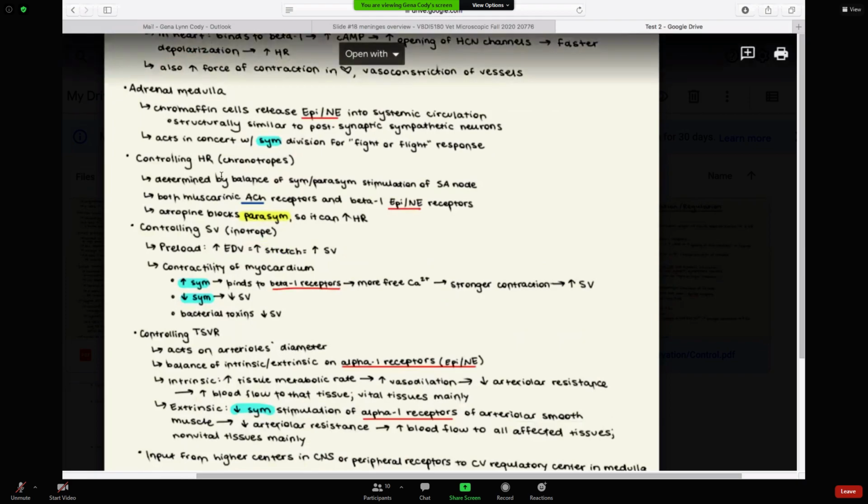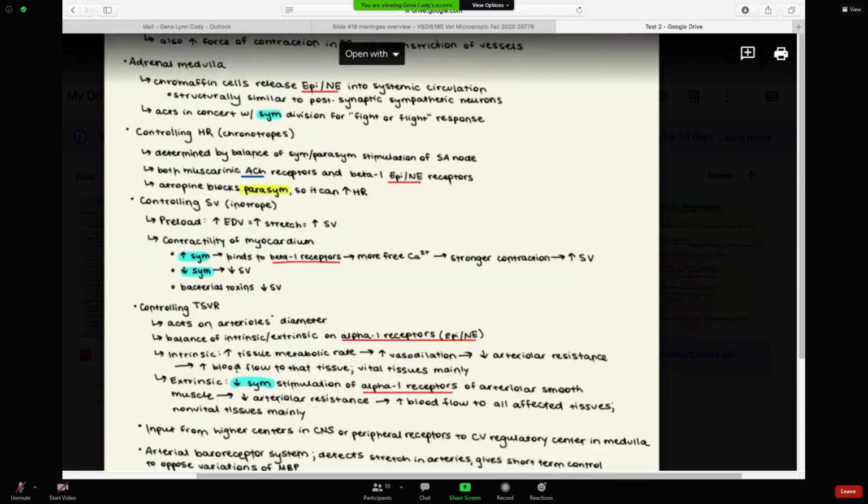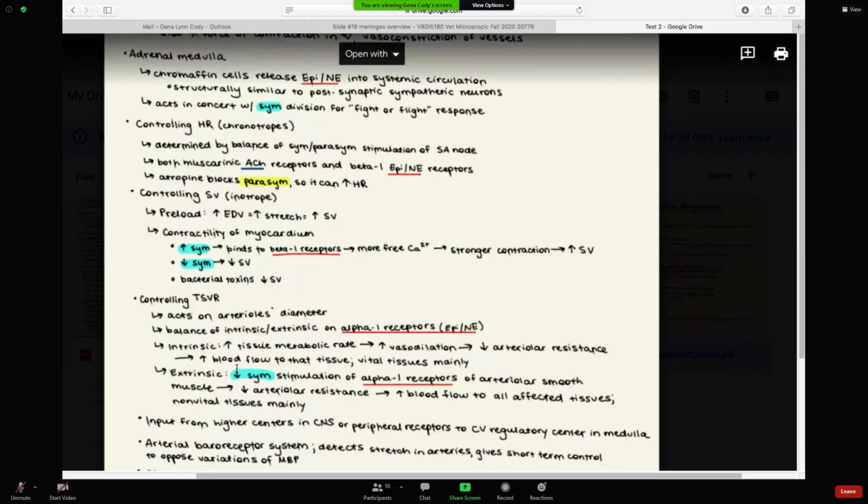And then the last one that is in this cardiac output formula is the total systemic, I'm blanking on what the V stands for, but resistance, right? Vessels, I don't know, whatever, it doesn't matter. So this is specifically arterioles, right?